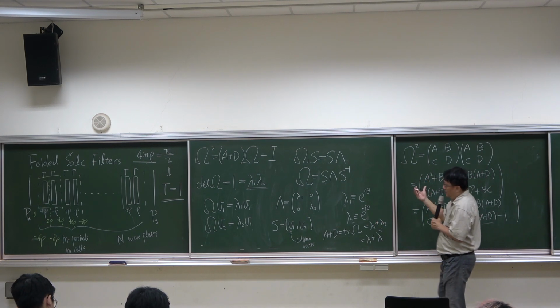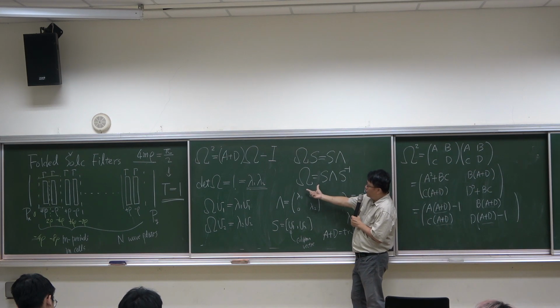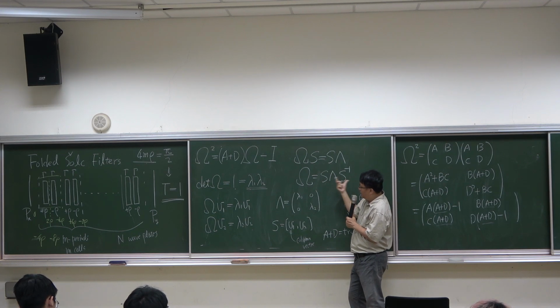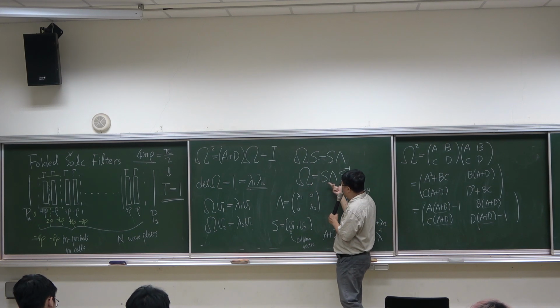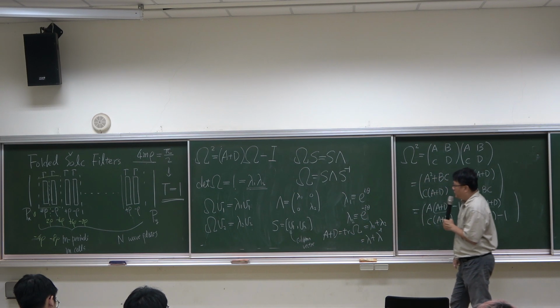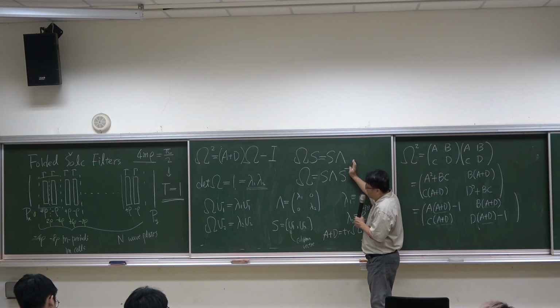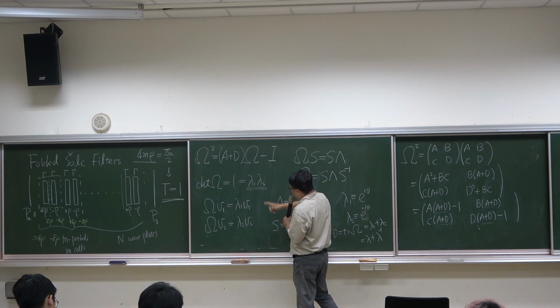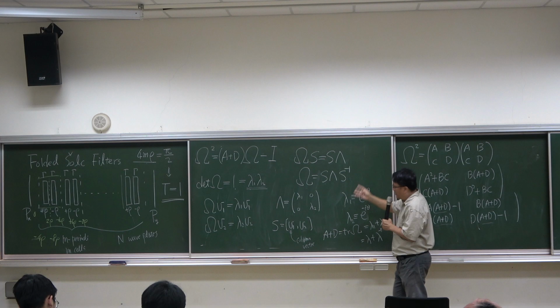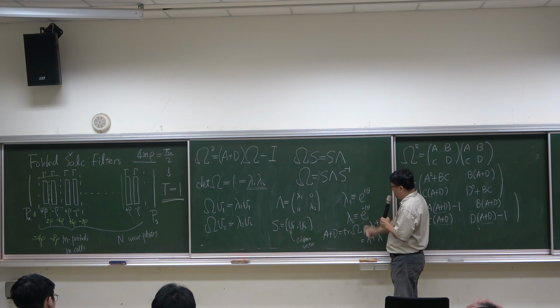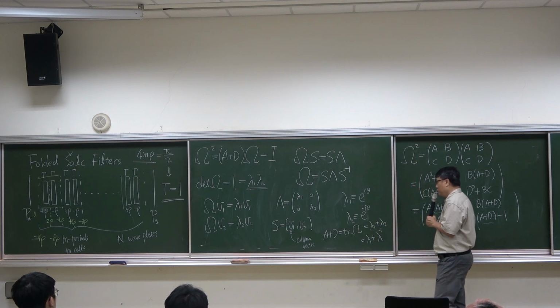Mathematically, the original matrix and its diagonalization are related by this similarity transformation. The similarity transformation does not change the determinant, and also it does not change the trace of the matrix.